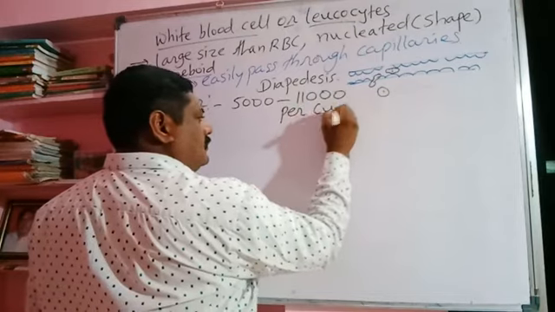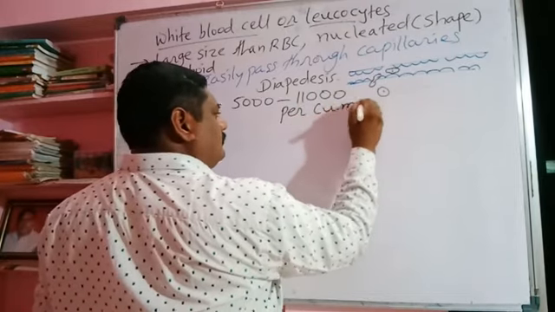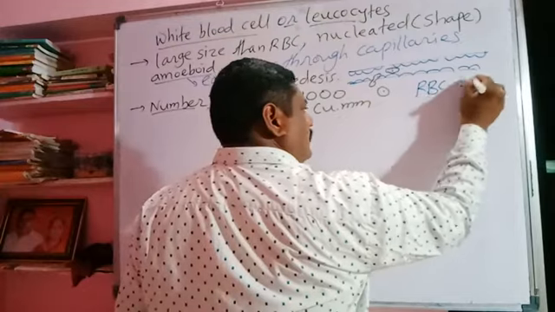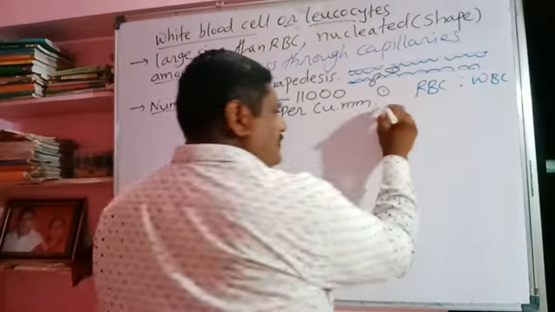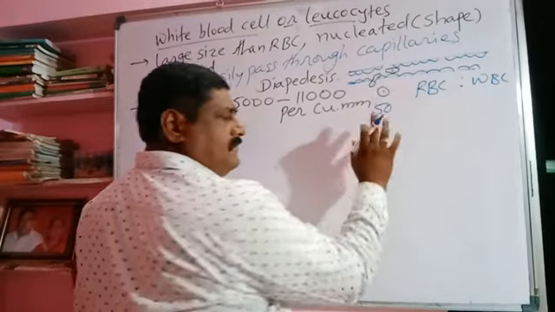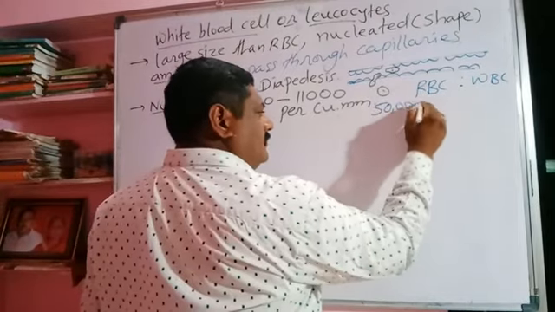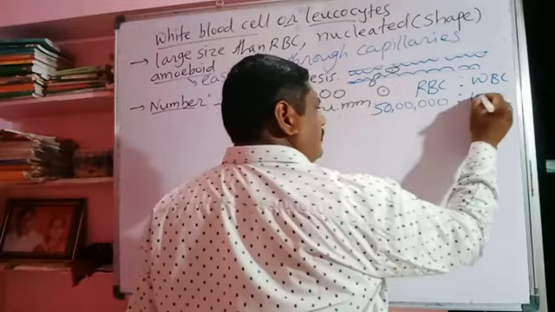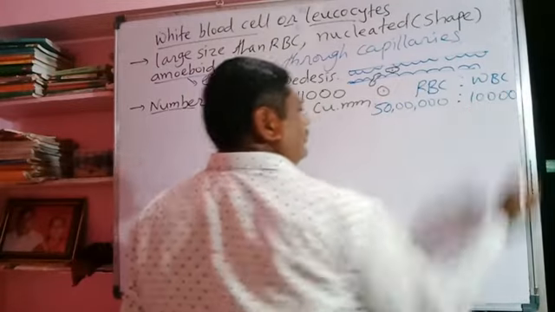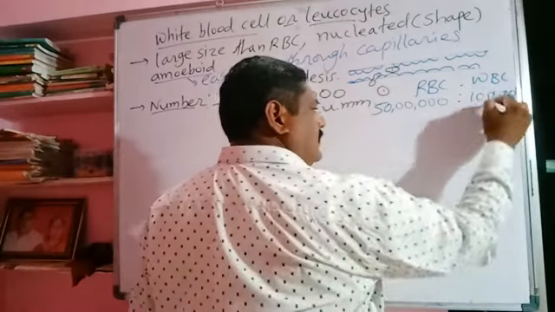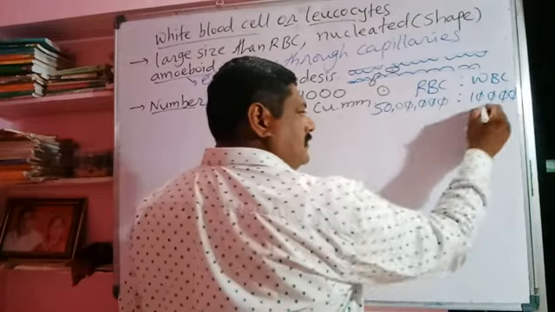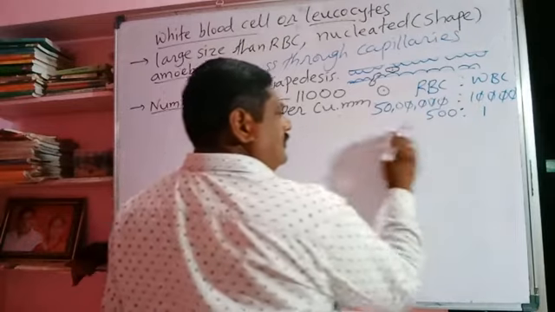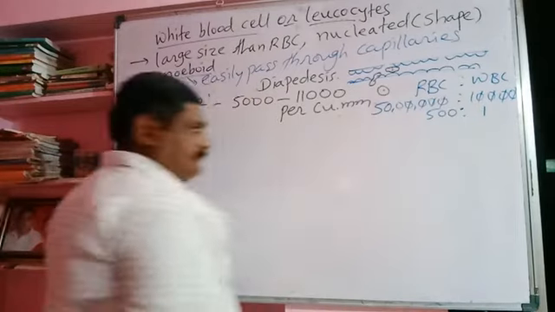If we see the ratio of RBC and WBC, for example, 5 million RBC to 10,000 WBC, the ratio is 500:1. The ratio of RBC and WBC is 500:1.